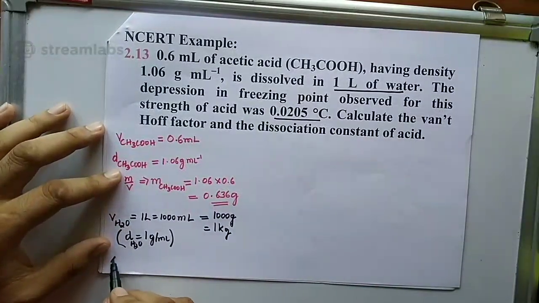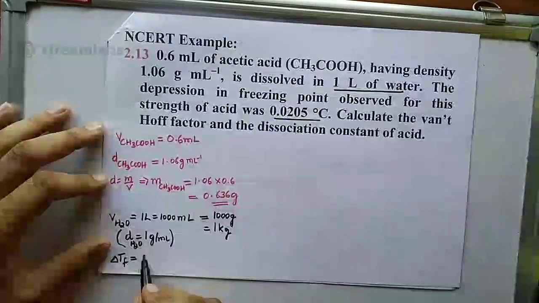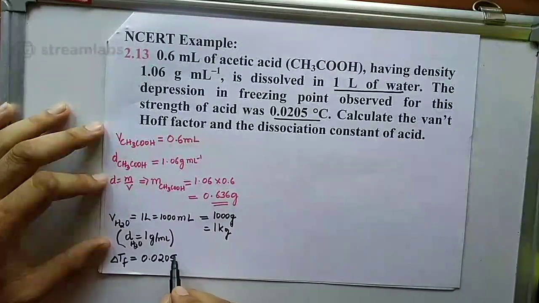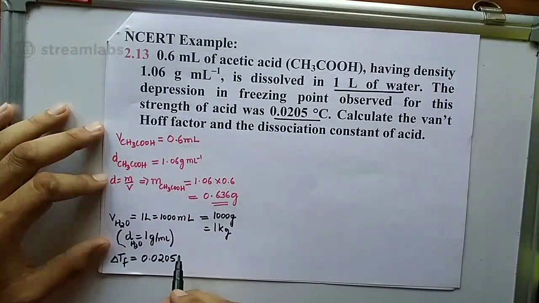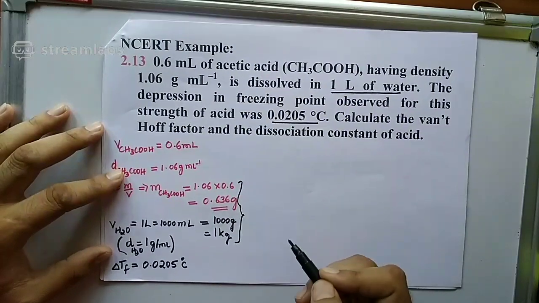So depression in freezing point is written as delta TF is equal to 0.025. We can write it as either degree Celsius or Kelvin, anything is okay. Is it clear, students?